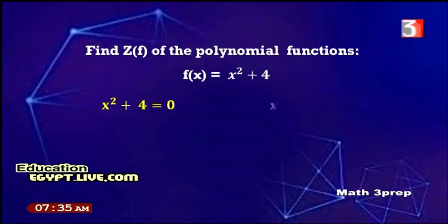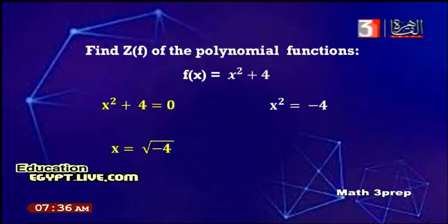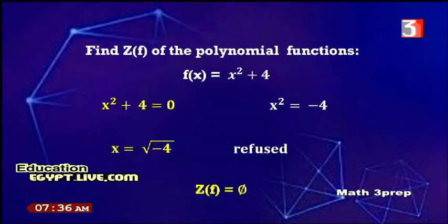So x squared will be equal to negative 4. Try to find the square root of the two sides. You are going to notice that x equals square root of negative 4. Can you find a square root for a negative number? Of course not. So it means that the set of zeros of the function will be phi, as x equals root negative 4 will be refused.